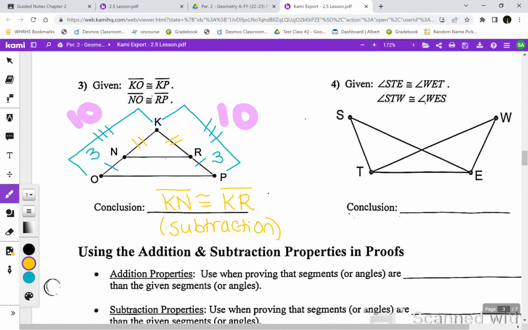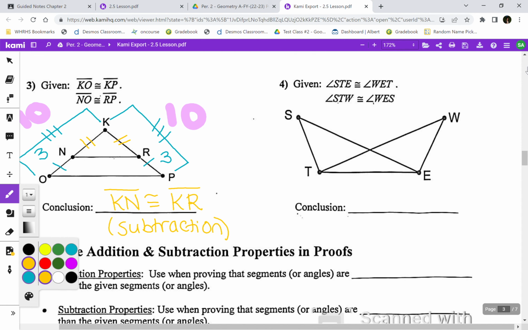We can do the same exact thing with angles. So let's look. Angle STE, so this big angle, is congruent to angle WET, this big angle. And then let's keep going. We have angle STW, I'm going to call it angle 1, is congruent to angle WES, I'll call it 2.